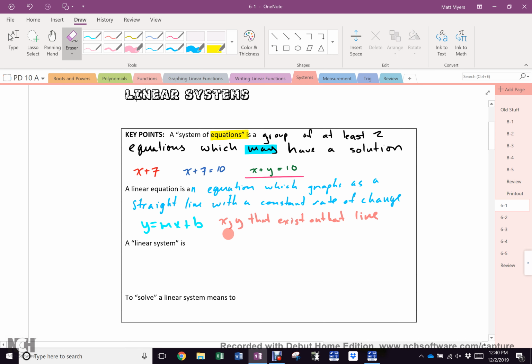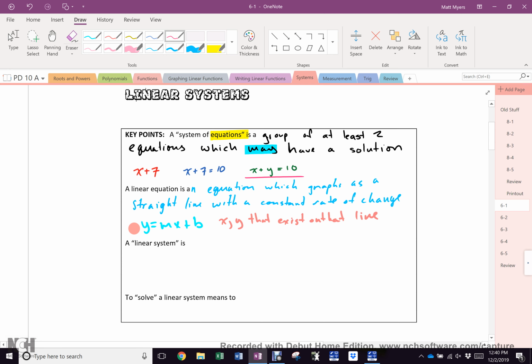So, I'll ask again. The x and y that exist on that line right here, what can we do with those x and y's if they exist on that line? Regardless of what the slope and the y-intercept is, what can I do with them? Shidu has already said I could put x in there and y in there, yes?